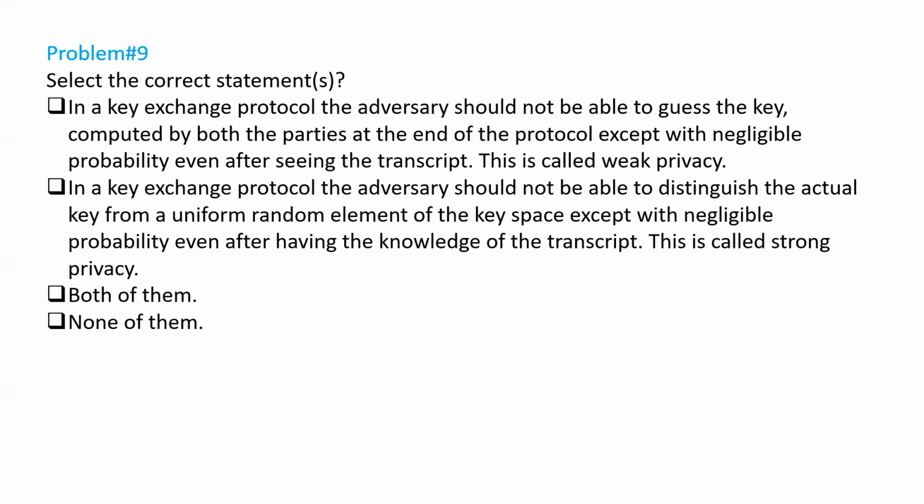And the strong privacy concept says that if the adversary is provided with either the output of the key exchange protocol or some random element from the key space, the adversary should not be able to distinguish between them. That is a stronger notion. So these two statements are correct.